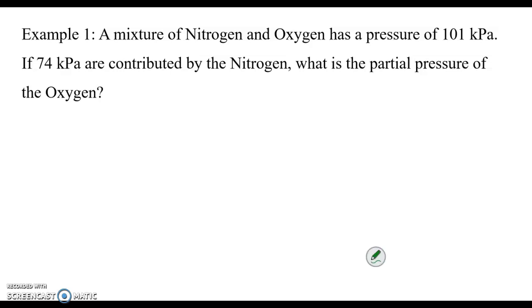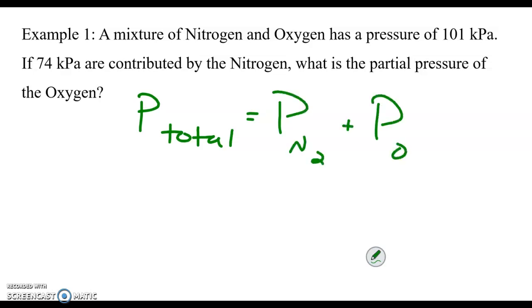So we just said that the total pressure is equal to the sum of the individual pressures. So if I already know the total pressure and some of the component pressures, then I can subtract out to find my remaining partial pressure.